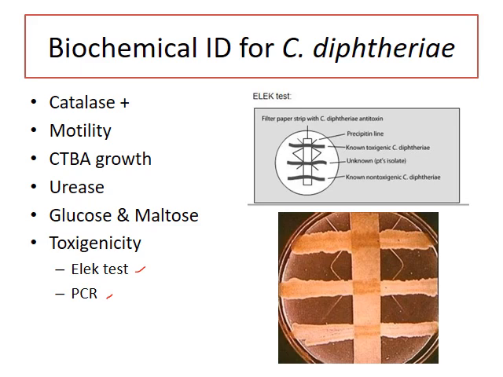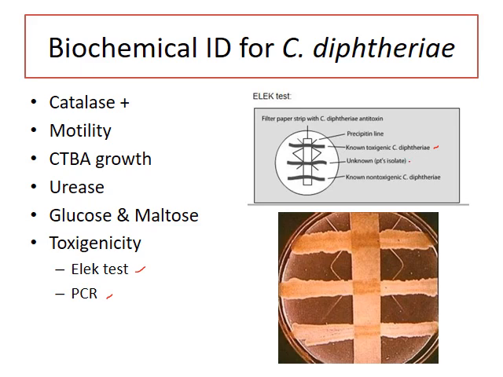The Elek test is, and I have this cartoon here for you, you actually have strips that are impregnated with antitoxin. And you grow your organism, you just put some streaks of organism. The top streak is a known toxigenic C. diphtheria.